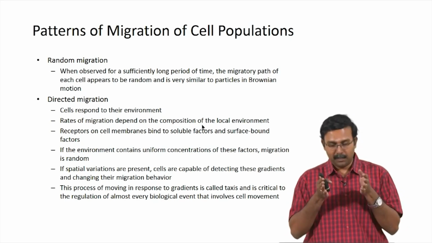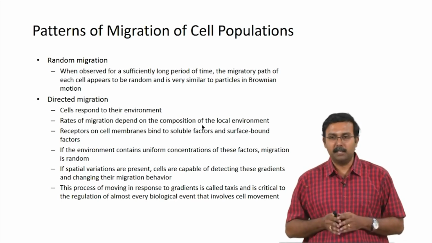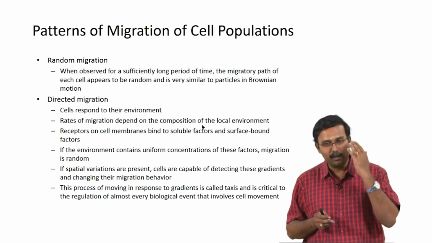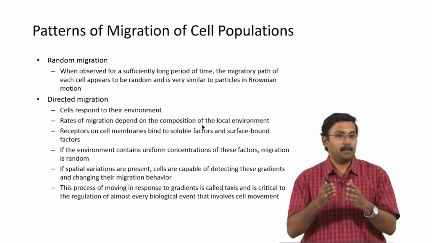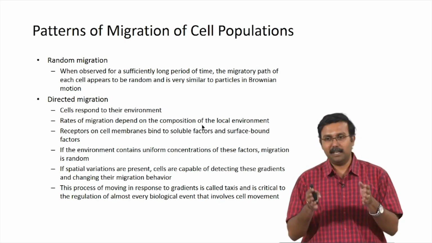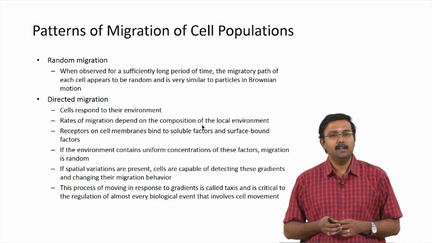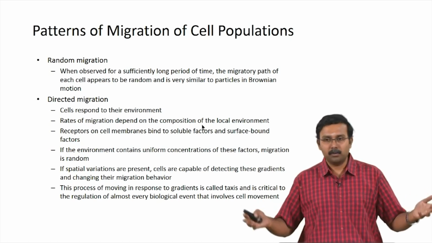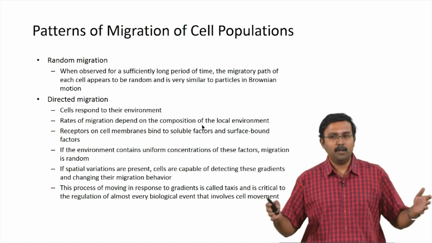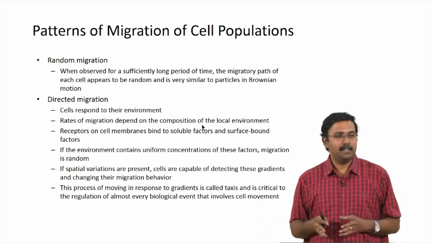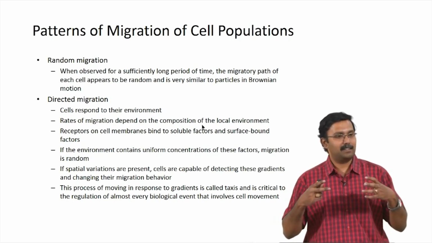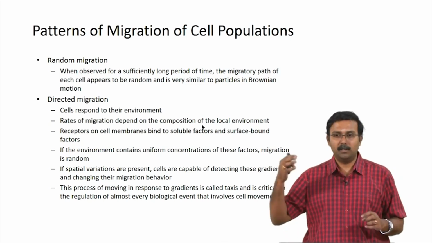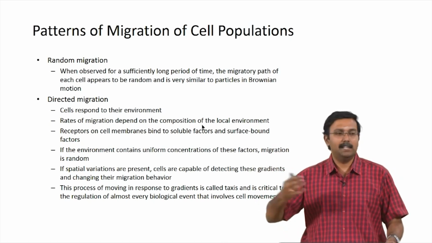So, if my period of observation is only 150 minutes, then I am going to think that the cells are moving only in one direction, right. And if I observe only one cell, or a smaller number of cells, that is going to happen. If I were to observe a very large number of cells for 3000 minutes, then different cells are going to keep moving in different directions. So, it will look clear that it is a random migration which is happening, assuming there is no signal which is actually directing the migration.